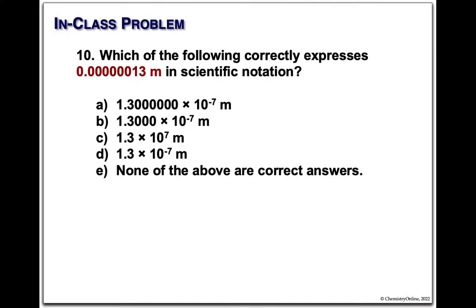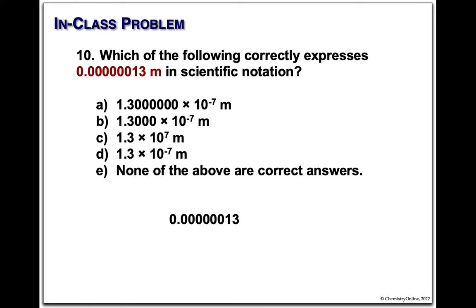All right, we express things in scientific notation all the time. We remember in scientific notation, we only include significant figures in the coefficient. The exponent is the number of places we have to move our decimal. So this guy, 0.00000013.